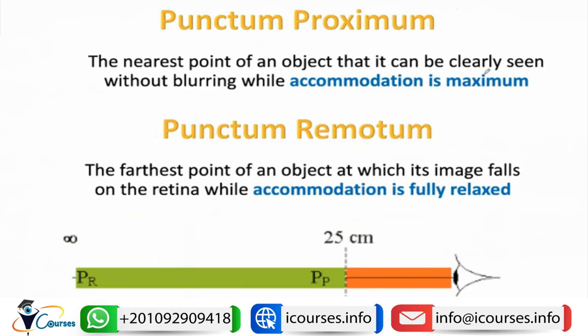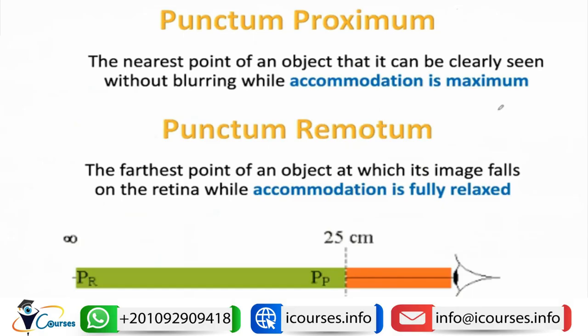Let's remember that we are born with a large amount of accommodation, about 20 diopters, so that the neonate or newborn who has high hypermetropia will be able to compensate for it by his accommodation.